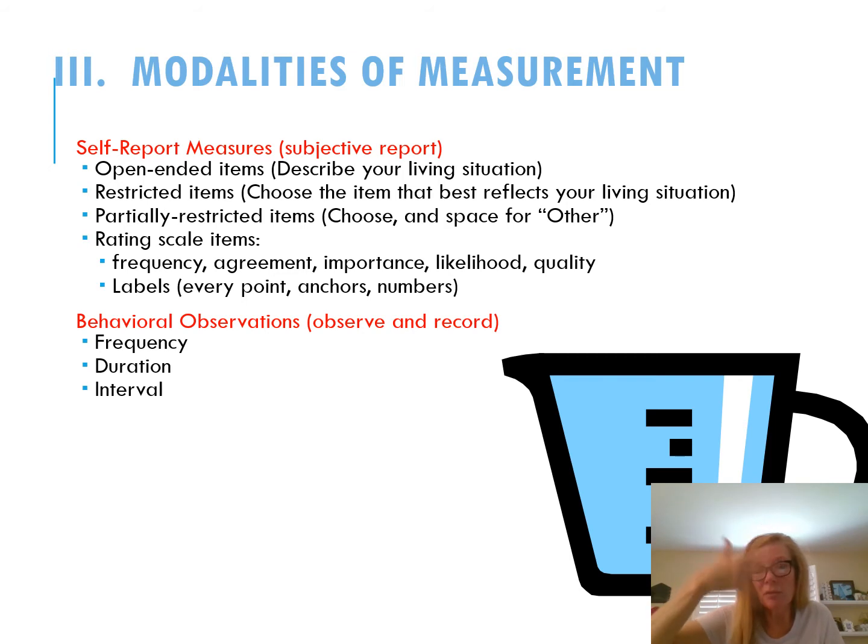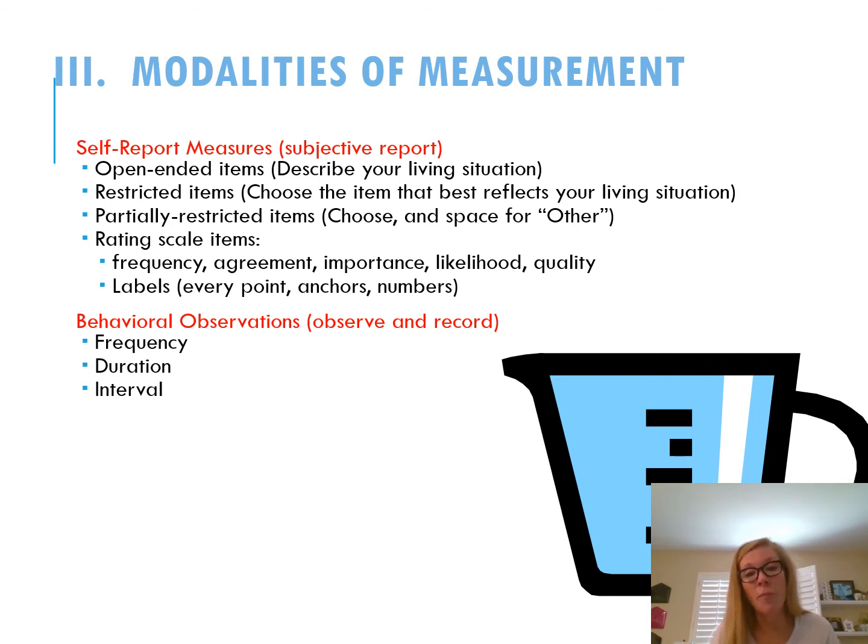Is every time they do this 1? It's not a discrete behavior with a clear-cut beginning and end, and it occurs at very high rates. So we use a duration method. During this 5-minute interval, I started the stopwatch every time this behavior began, stopped it when they quit. If it began again during that same time frame, start the stopwatch again, stop it when they quit. So that's just how long during that time frame the behavior occurred.